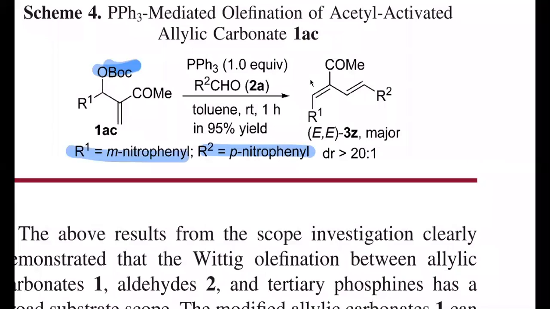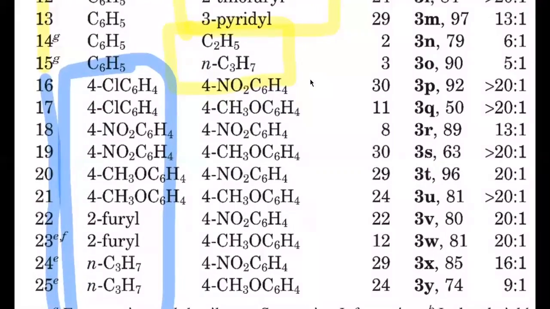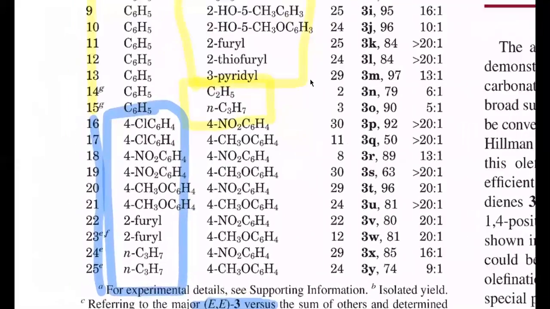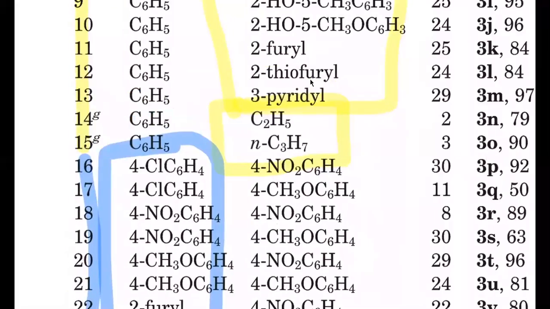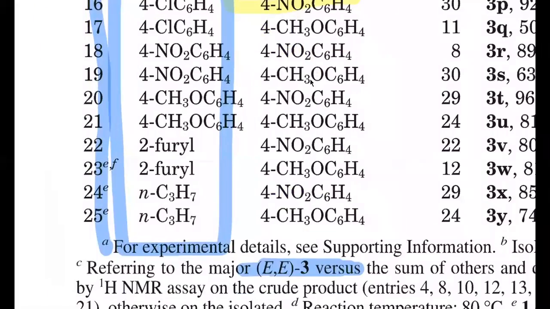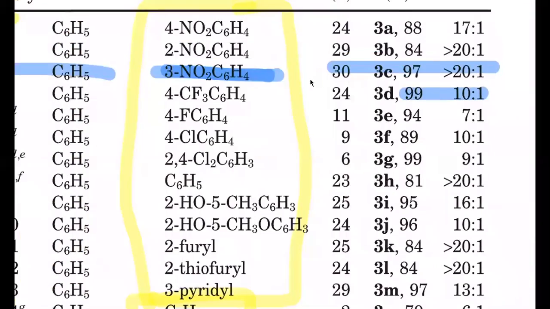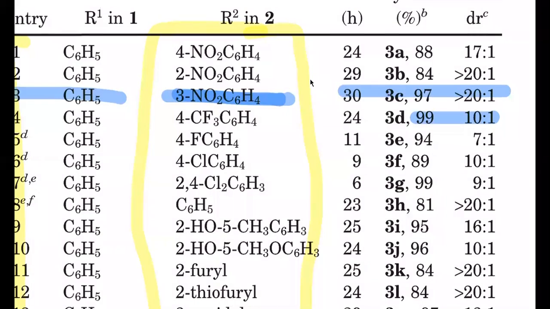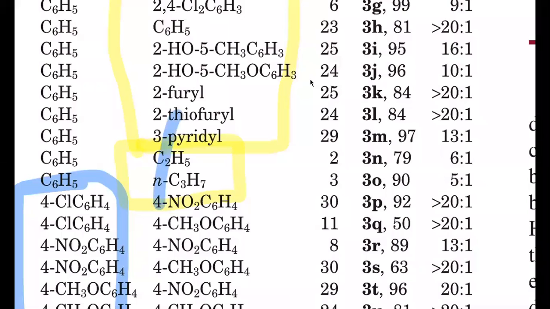And then they also are looking at R1 being nitrophenyl. Let's go over here and look at what that gave. Is that metal? Yeah, metal. I don't see a metal in the chart for the starting material. Interesting. And we see the metal up here, but not on the substrate side. That's okay.